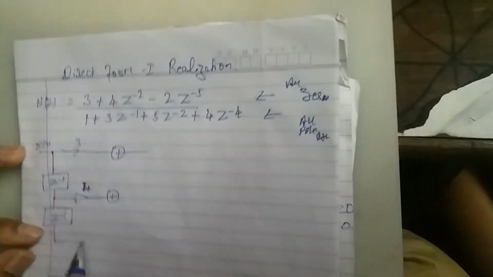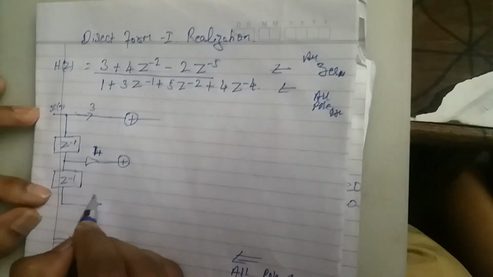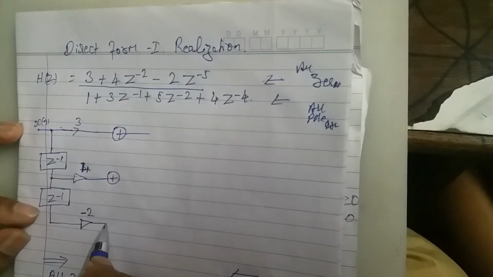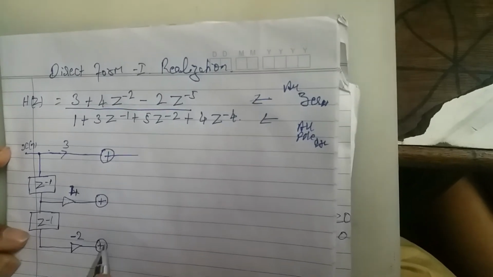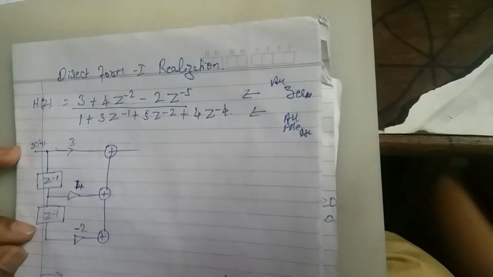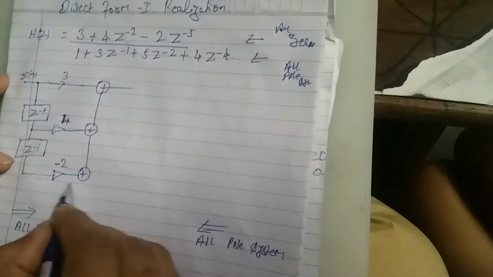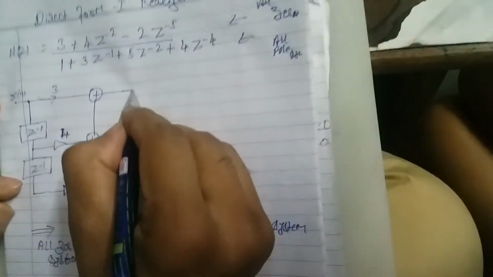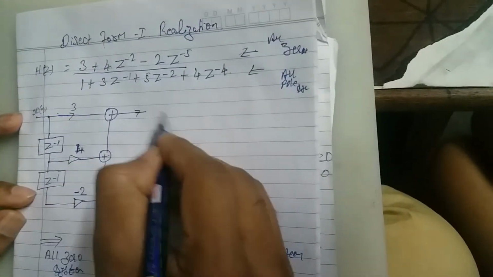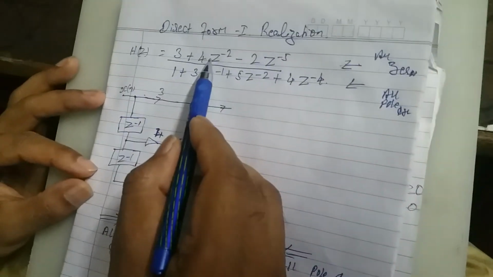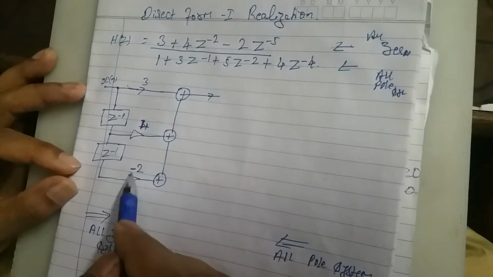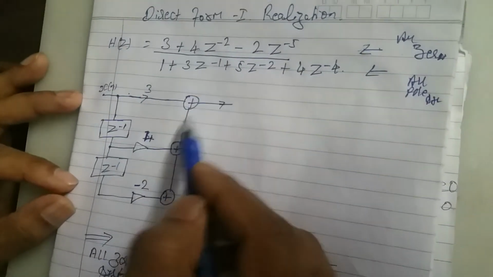Take this and give one multiplier, minus 2, and it's given to the summing amplifier. Now you connect all the sums over here, and this will be taken out to the denominator, that is the all-pole system. Now this block gives your zero system, and the zero system is ready.